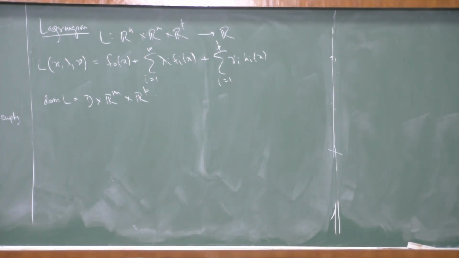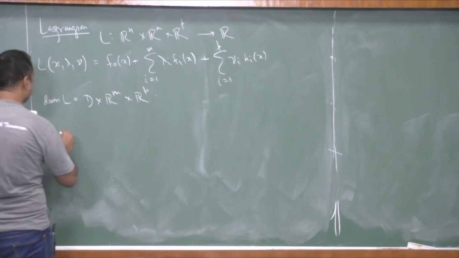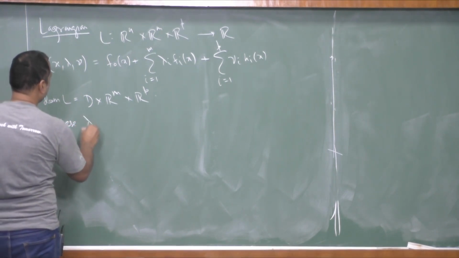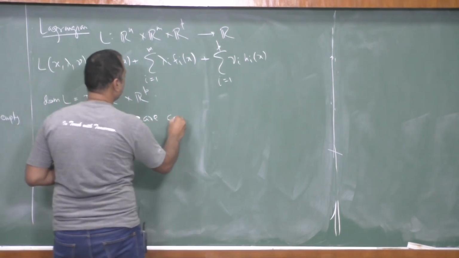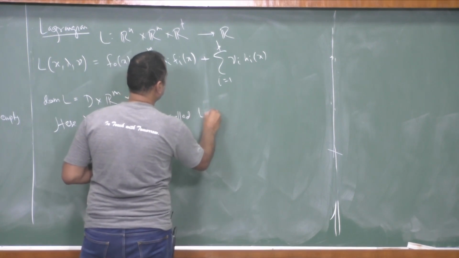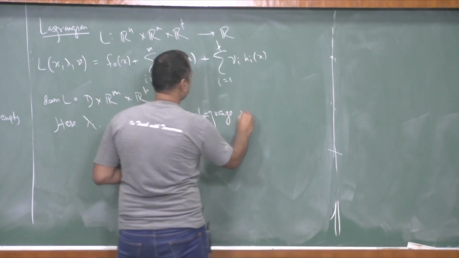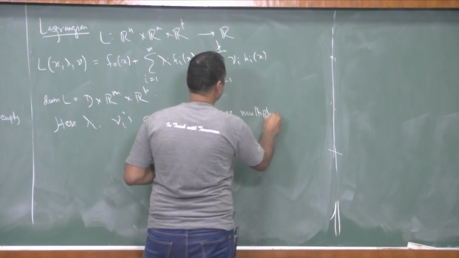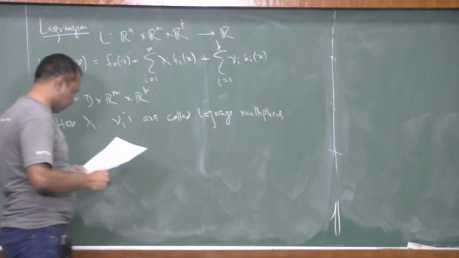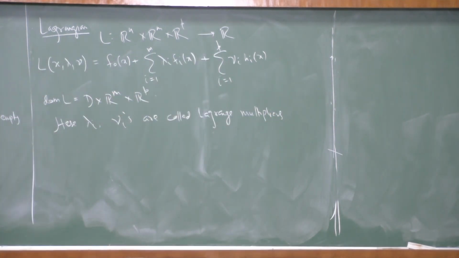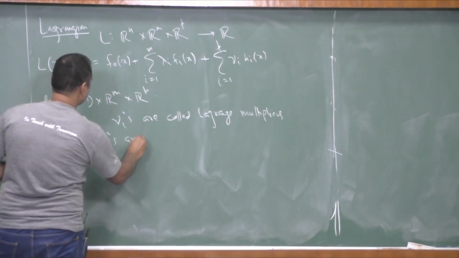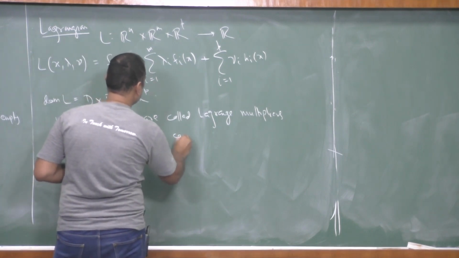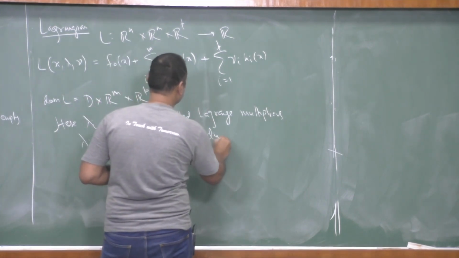Here lambda i's and nu i's are called Lagrange multipliers. Sometimes lambda i and nu i are also called dual variables.